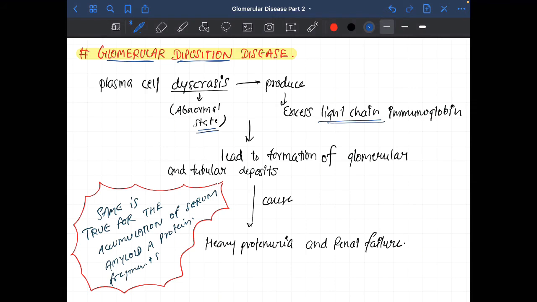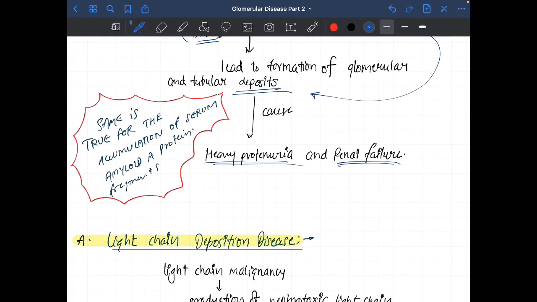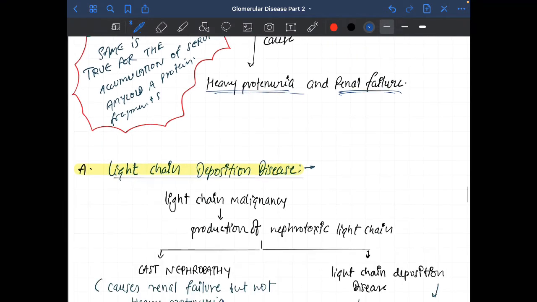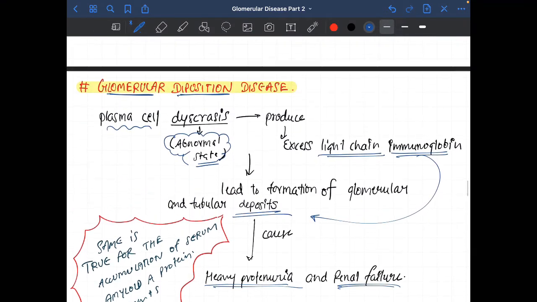If there is an abnormal state of plasma cells, they will produce excessive light chain immunoglobulin, and that will lead to formation of tubular deposits of the light chain. So light chain will go to the glomerulus and deposit there, and that will cause heavy proteinuria and renal failure. The same is true for the accumulation of serum amyloid protein fragments. So this is the concept for deposition disease.